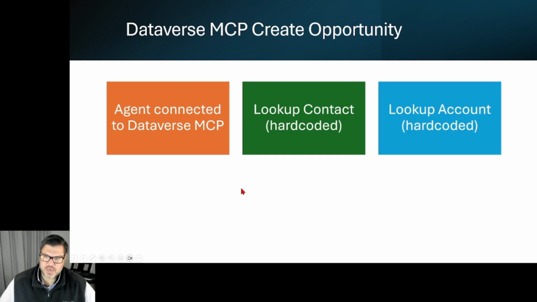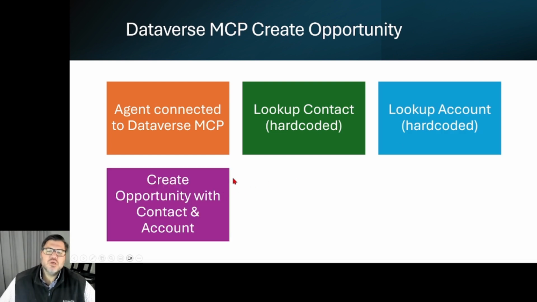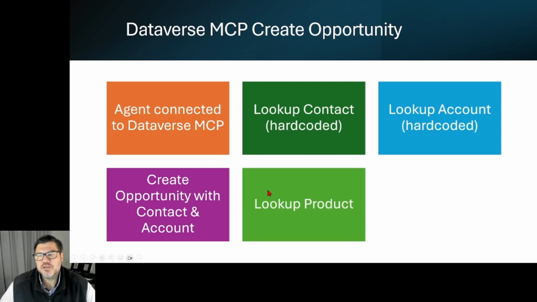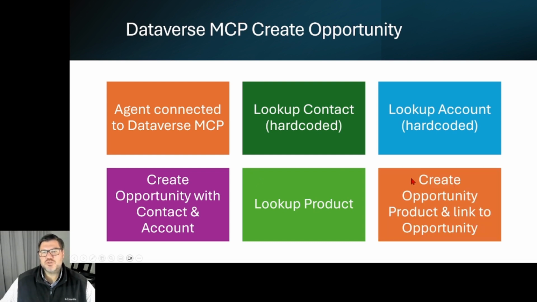It's going to look up the account, again, hard-coded. It's going to create an opportunity with the contact and account that it's looking for. Again, that's stuff that's hard-coded, but it is still searching for it. But I'm telling it specifically what to search for. You'll see that in a second. It's going to look up the product that I've mentioned, and then it's going to create an opportunity product and link it to the opportunity.